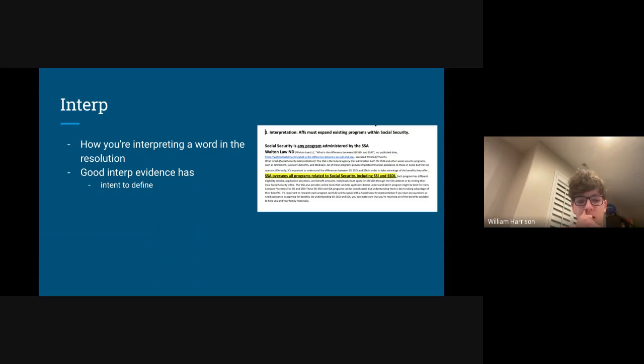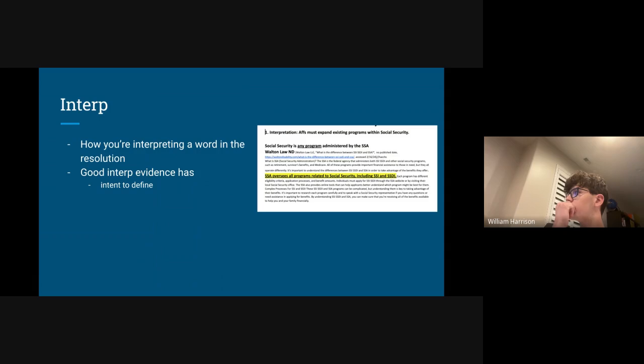All right. So good interp evidence has intent to define. That means that it's not just describing something in some context. It is attempting to define the word. This interp evidence is mediocre. It's got some amount of intent to define.